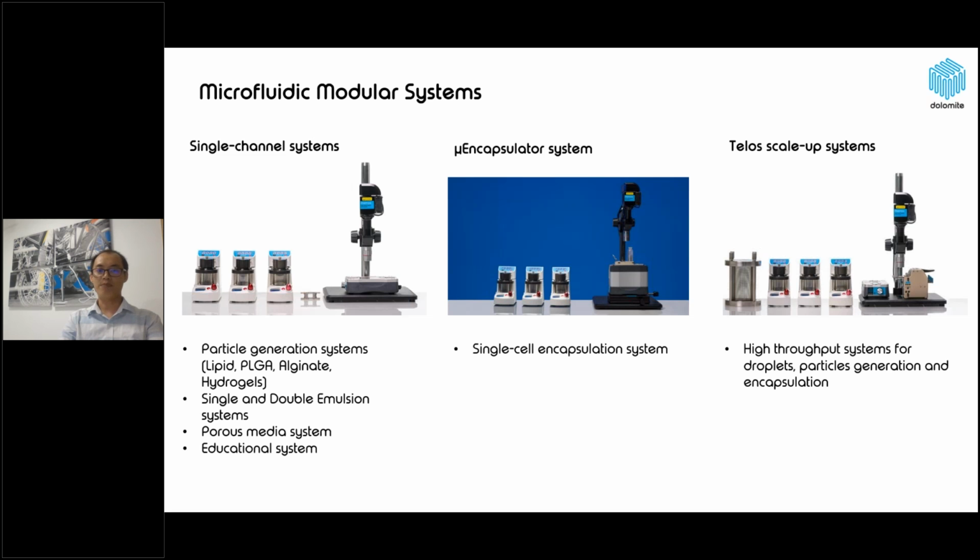That could be a particle generation system, like lipid, PLGA, alginate or hydrogel particle generation, or a single and double emulsion system, a porous media system, or an educational system for teaching about microfluidics. The second is the microencapsulator system, a single cell encapsulation system. And for scale-up, we have the tailored scale-up system, a high throughput system for droplet or particle generation and encapsulation.